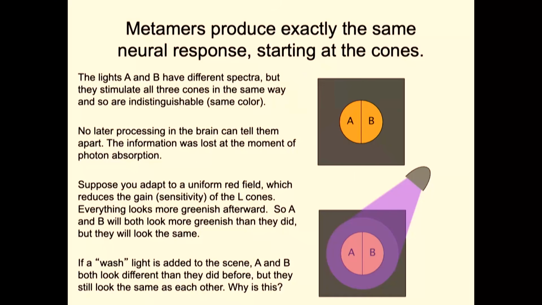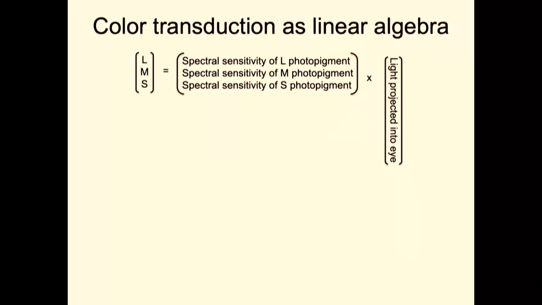So A and B will now, again, both look different than before, but they will still look the same as each other. Okay. And so I want you all to think about why this is, and again, to try to explain this in these linear algebraic terms. So this is a good case where thinking about this as matrix multiplication ends up greatly simplifying these things that would otherwise sort of make your brain hurt. Okay? So something like this will be on an upcoming problem set.